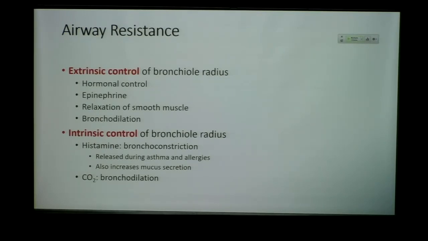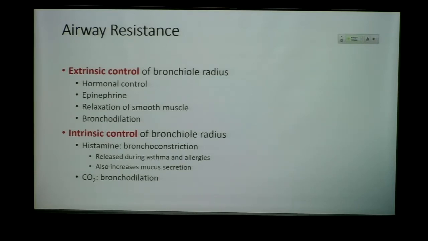So the difference between epinephrine as a neurotransmitter, as a part of the sympathetic system, and epinephrine as a hormone is simply where it's coming from, okay? So the same response of bronchodilation. That will relax the smooth muscle and open up the airways, or bronchodilate the airway.